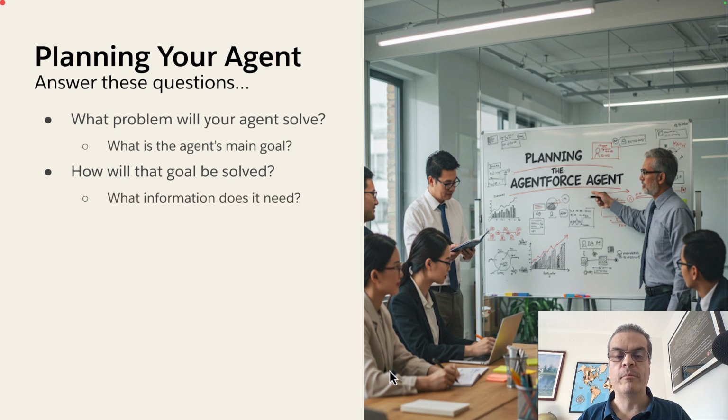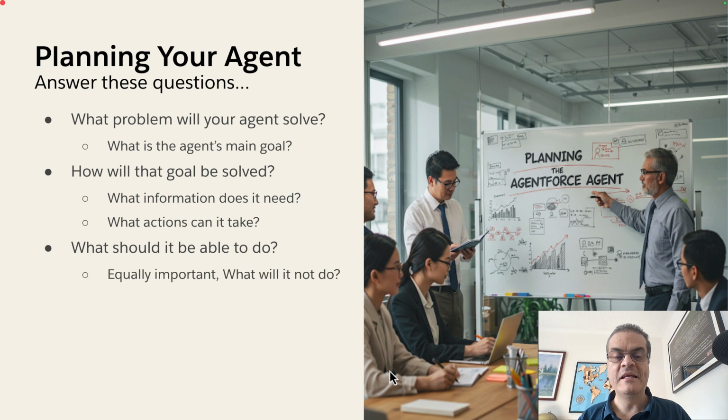Think about what information the agent needs, what actions it can take, what should it be able to do, and equally important, what will it not do? Think about and establish those guardrails. And last but not least, how are you going to measure success? How do you know if your agent is successful?